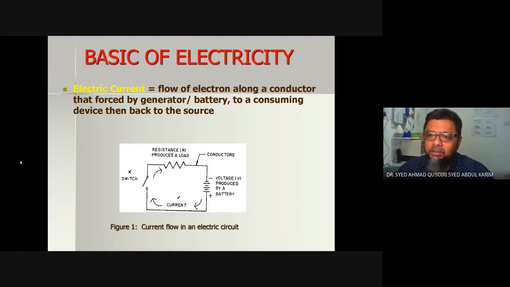They have their own standard icons for each of the components. The switch, okay, is like the disconnected line. The zigzag is actually the resistance, and the bar there is the generator or the battery.